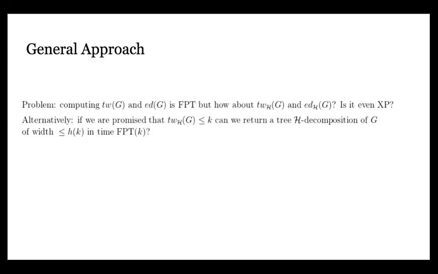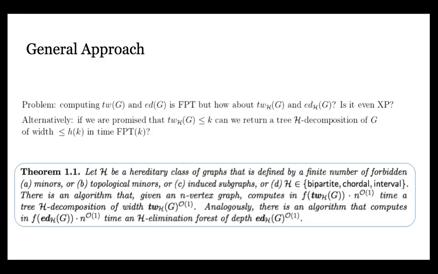Here I'm ready to present the main contribution of our work, which says that for many classes of graphs, for example, classes given by forbidden minors, forbidden topological minors, forbidden induced subgraphs, or bipartite, chordal, or interval graphs, we can perform such an approximation.